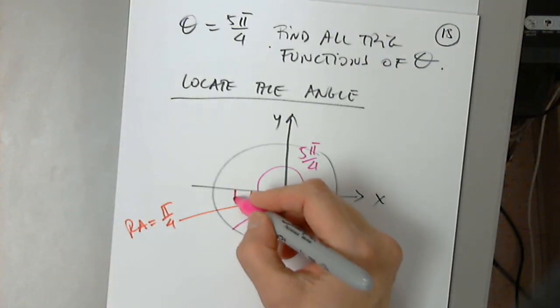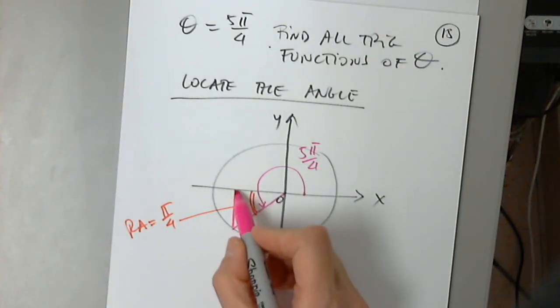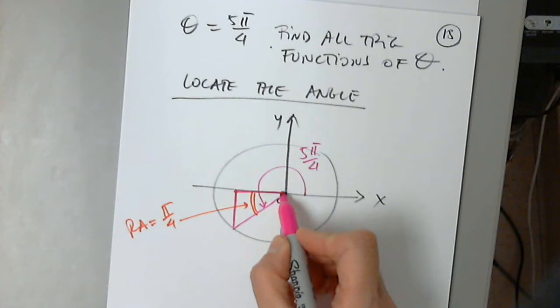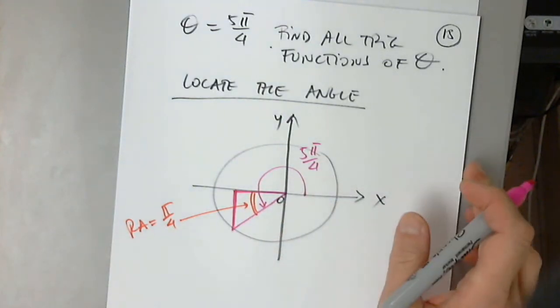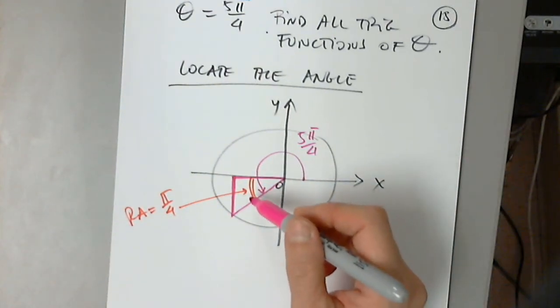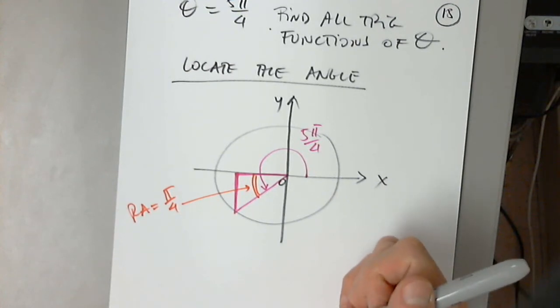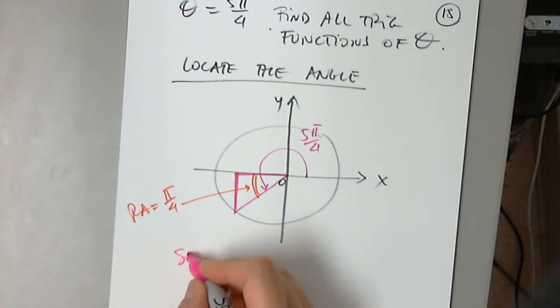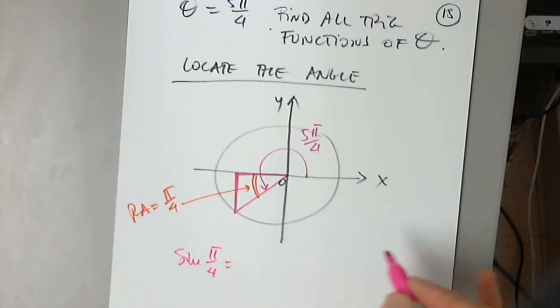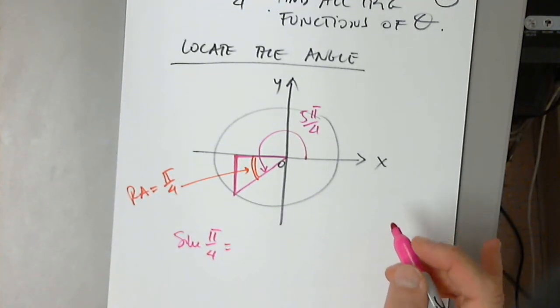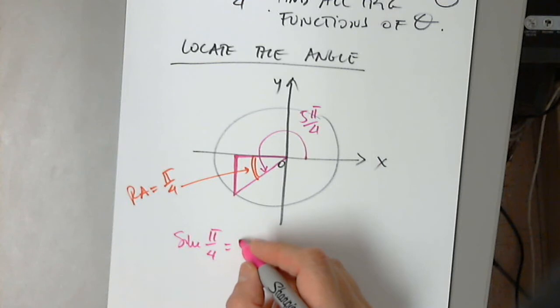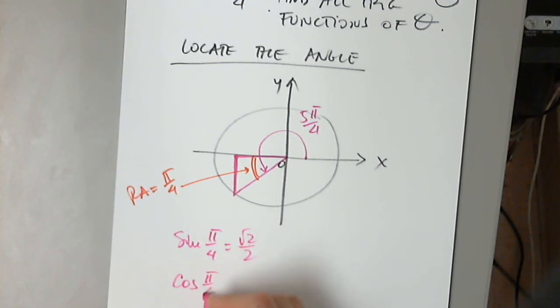I'm going to create a right triangle and determine sine and cosine for pi over 4. But we know the sine and cosine for pi over 4. We know that sine pi over 4 is, very good, and we know that cosine pi over 4 is.